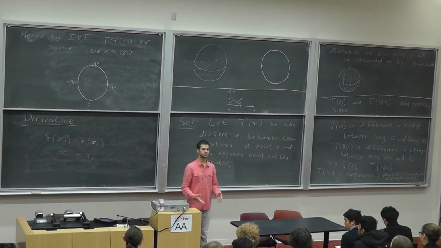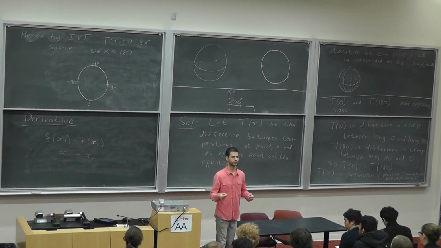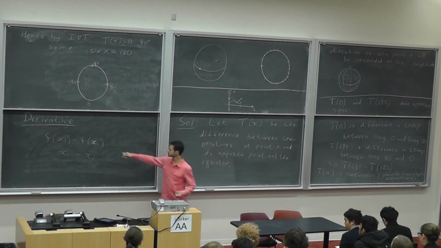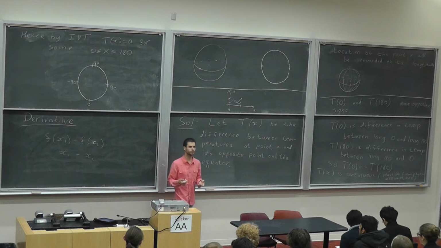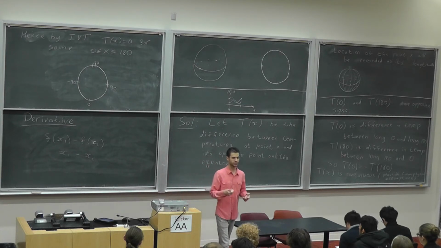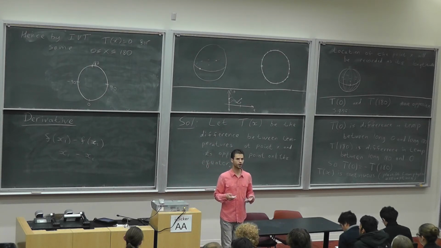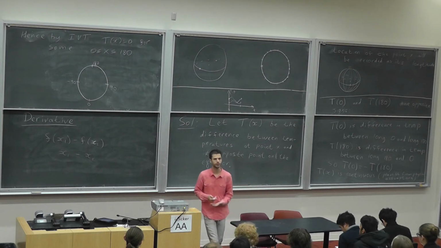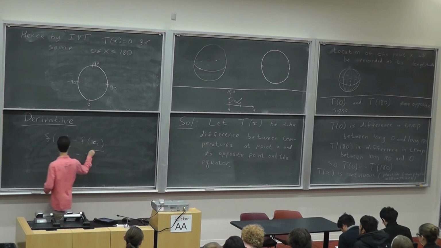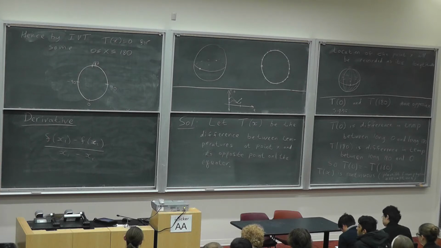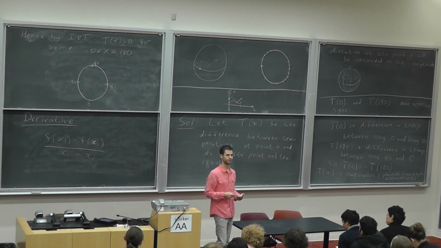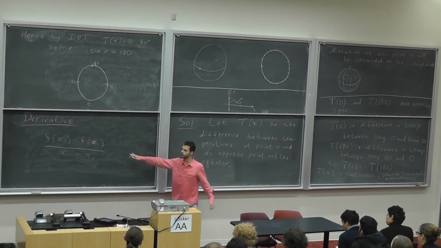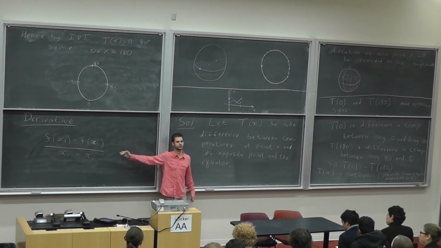Now, next question is, how do they compare to each other? Can we say that this is roughly, I don't know, 5 times this one? If you have two small numbers, you still can ask a meaningful question, how large is one of them compared to the other? And the measure of this would be such a quotient. The difference in values of the function divided by the difference in values of the argument. And in fact, we have already seen such a quotient.